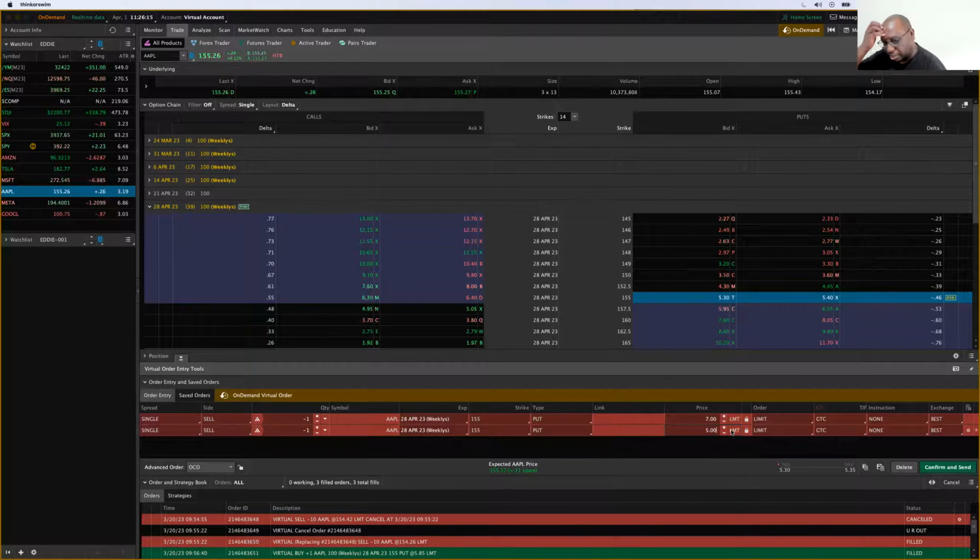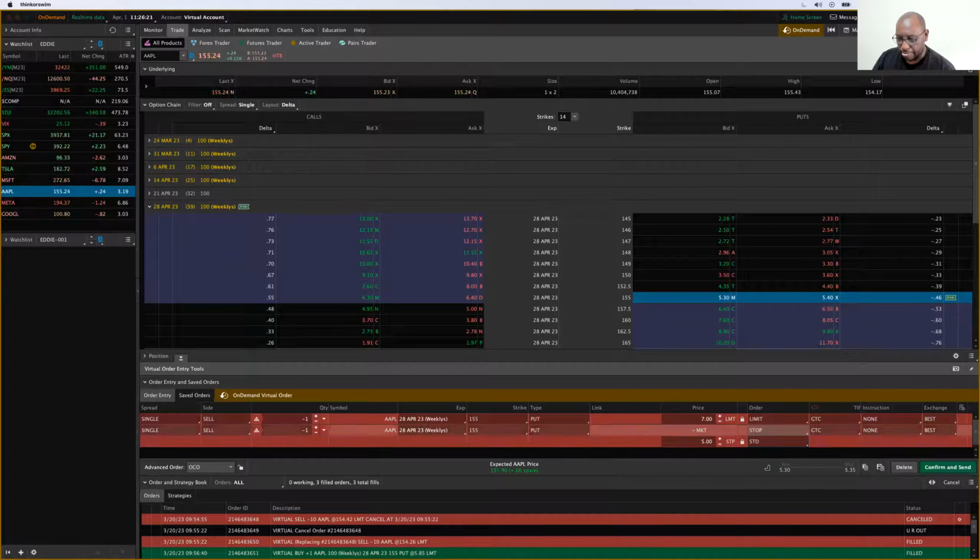If I have a stop loss, I'm going to choose these and change these from limit to stop. So I've got two orders I'm trying to send over here. This is my take profit, the $7 one, and this is my stop loss at 5. So Jamie, you probably already know this, but I want to hear from somebody else. If I get stopped out at 5, how much will I have lost at that point?